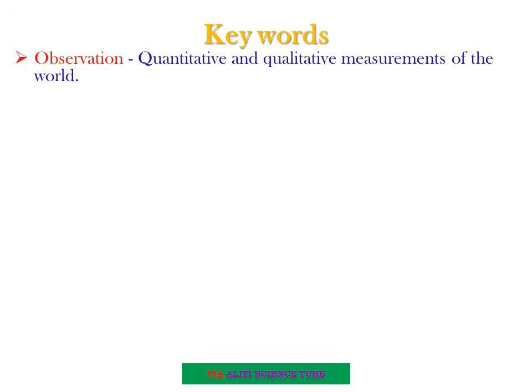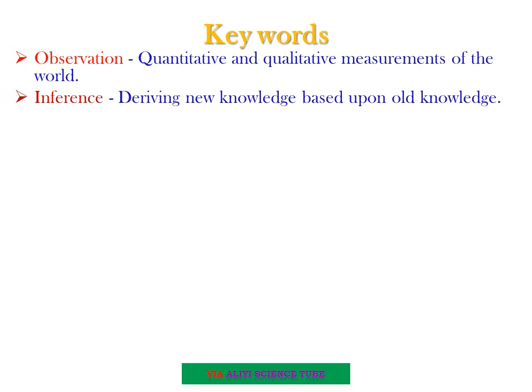Okay, the keywords are: Observation is a quantitative and qualitative measurement of the world. Inference is deriving new knowledge based on old knowledge.